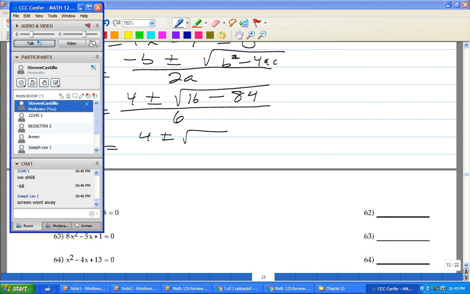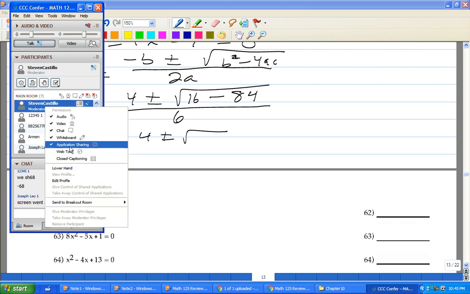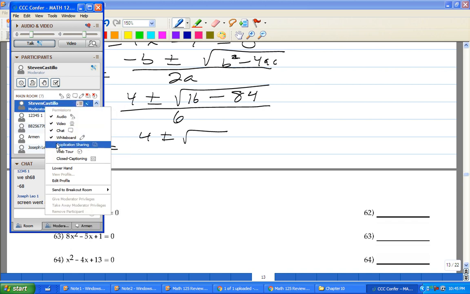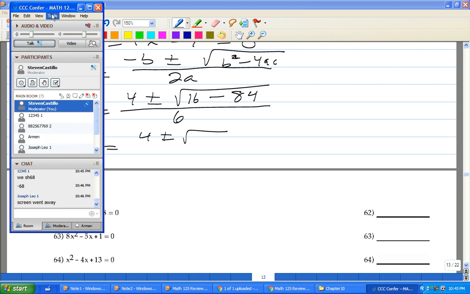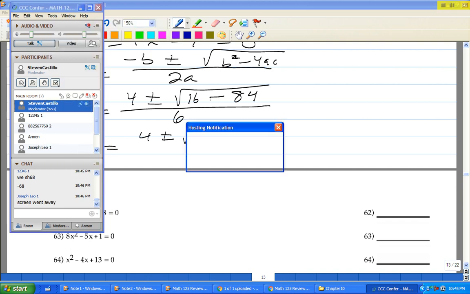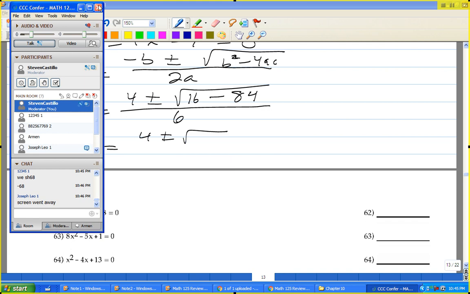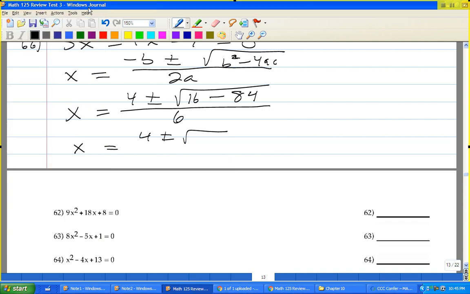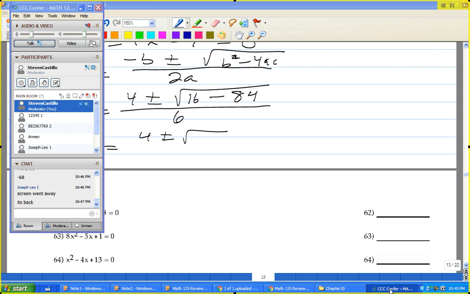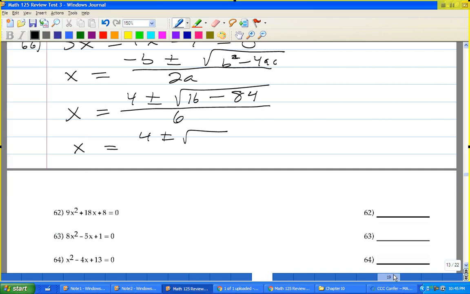Okay, it's back. Good. 16 minus 84 is a negative 68.